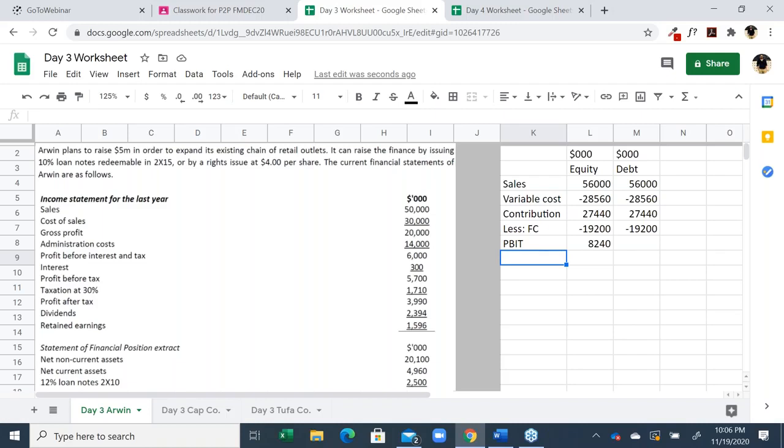And when the sales volume increases by 12%, it will definitely increase your variable cost as well. The question said that the variable cost of sale is 85%. So if the variable cost of sale is 85%, then definitely the fixed cost of sale will be 15%.